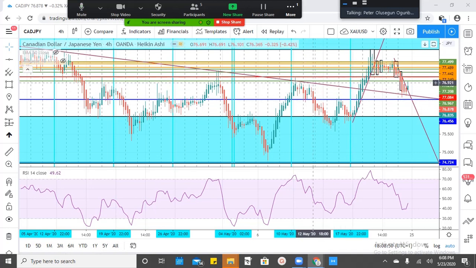Like this price line here was a resistance here, a resistance here, a resistance here, and a support at this point. This other one is a resistance here, a support at this point, resistance at this point, support at this point, and resistance at this point. This will be another level you can exit, which is your TP2.